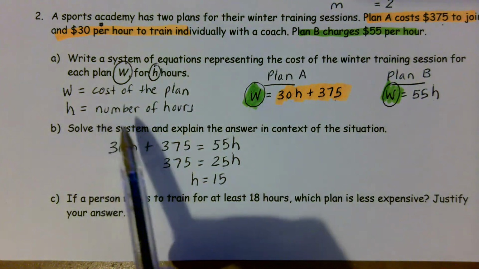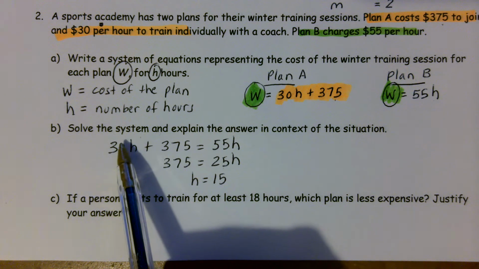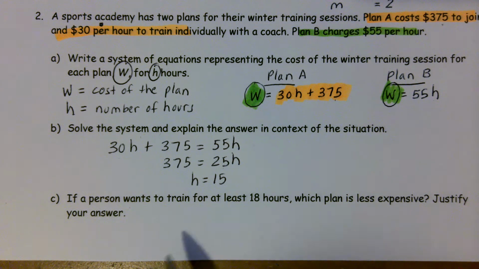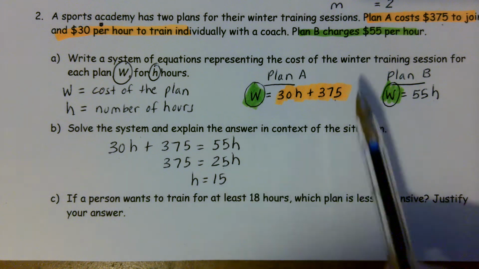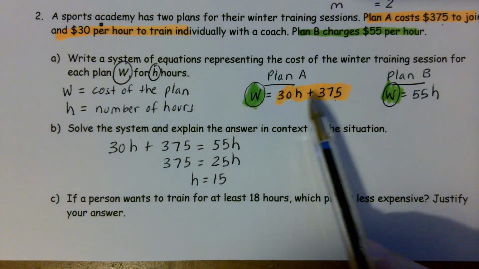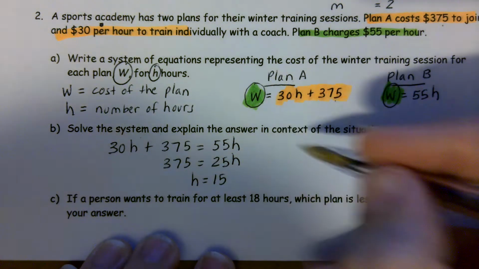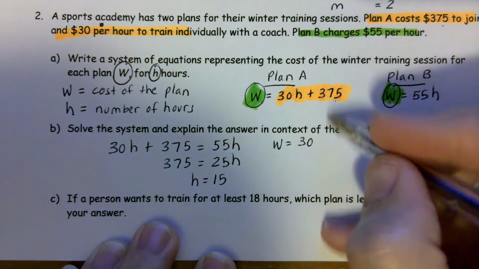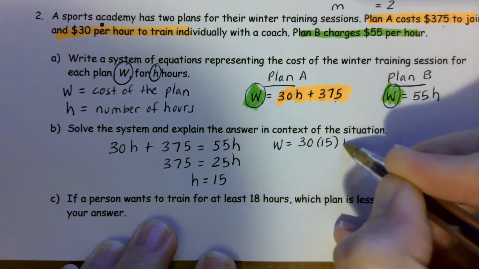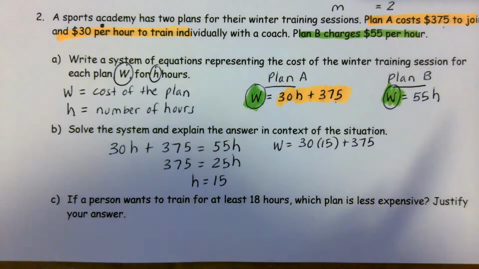But remember, when we solve the system, we need to get two answers, not just one. So I take the fact that H is 15, and I can substitute it into any one of these. So say I look at Plan A, W is 30 times 15 plus 375.